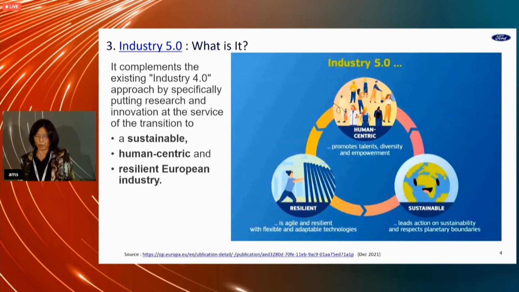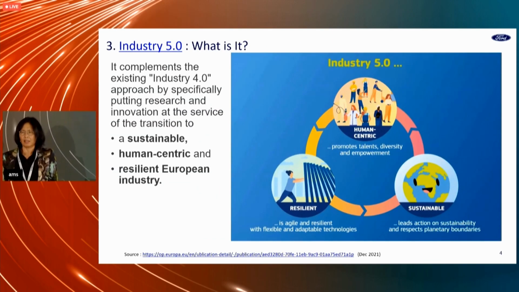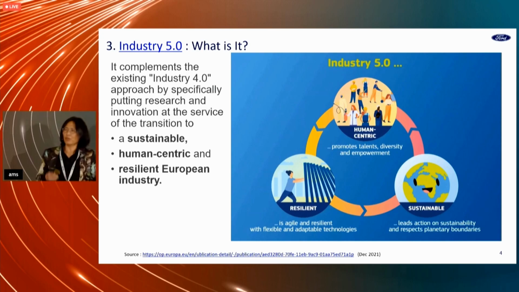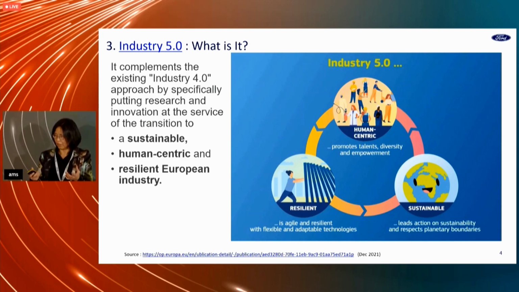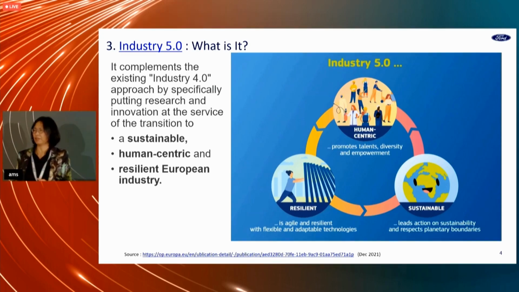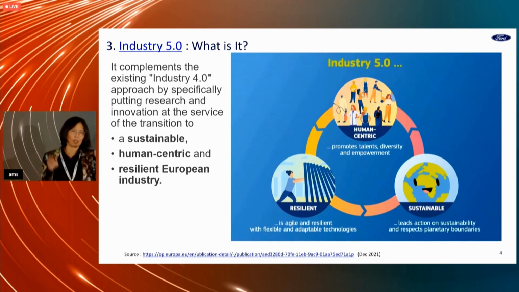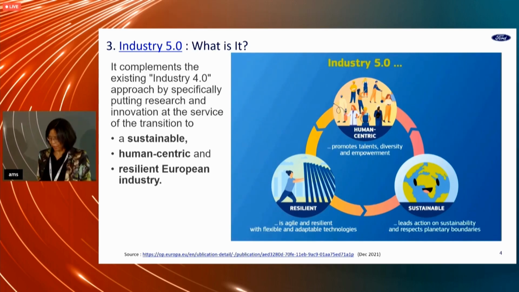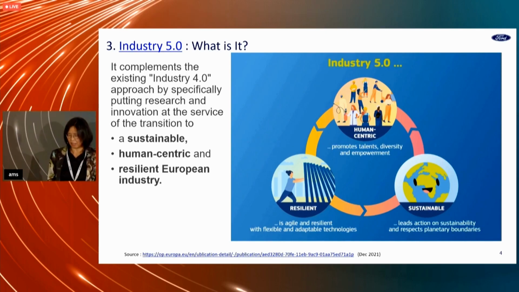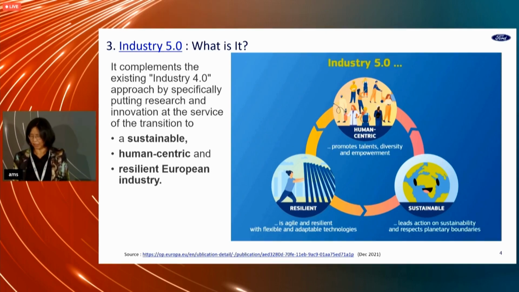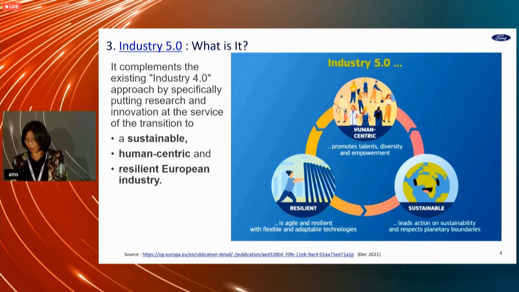Industry 5.0 is not actually a real industrial revolution, but it is complementary to Industry 4.0, with three different focus areas. The first area is sustainable. It leads actions on sustainability and respects the planetary boundaries.